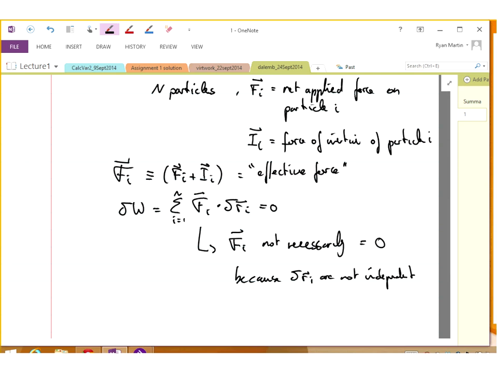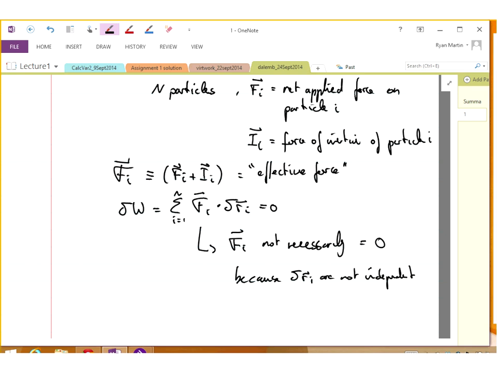So of course what we want to do is to transform this back into generalized coordinates so that the delta qs can be varied independently, so that the coefficients, or whatever we end up with, are identically 0. So it's exactly the same thing that we did for the principle of virtual work when we converted it to a generalized force.